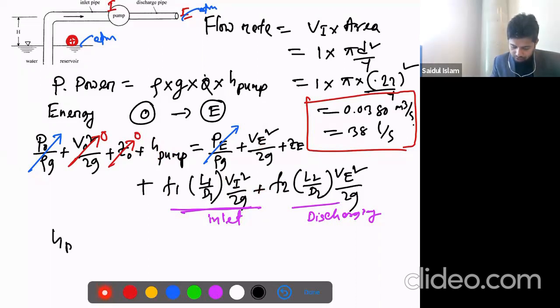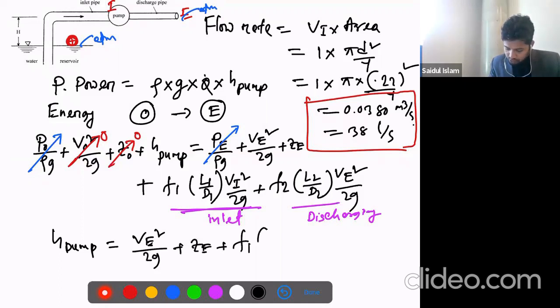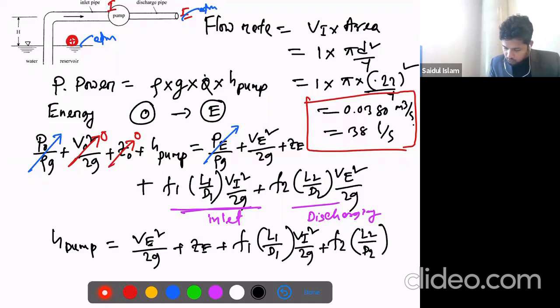We can say the pump head is equal to VE squared over 2g, plus ZE, plus f1 L1 over D1 times V1 squared over 2g, plus f2 L2 over D2 times V2 squared over 2g.